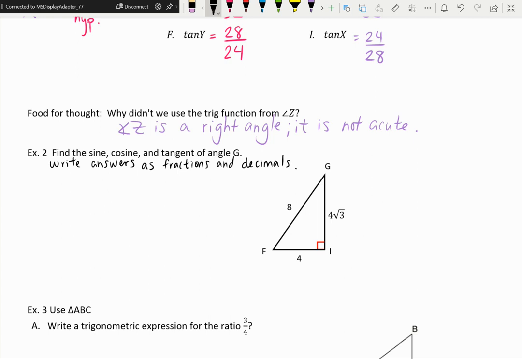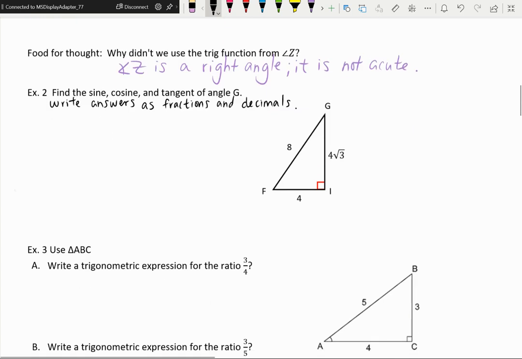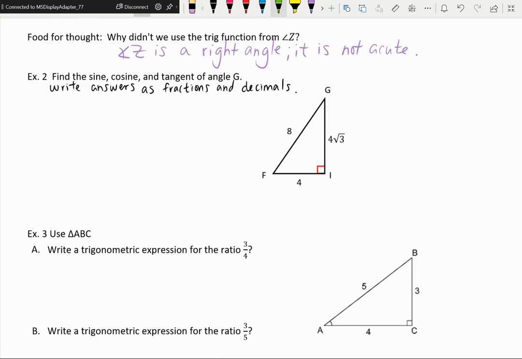Find the sine, cosine, and tangent of angle G. Write answers as fractions and decimals. I'm going to add a note. We're going to round decimals to 3 decimal places. So maybe add that note.